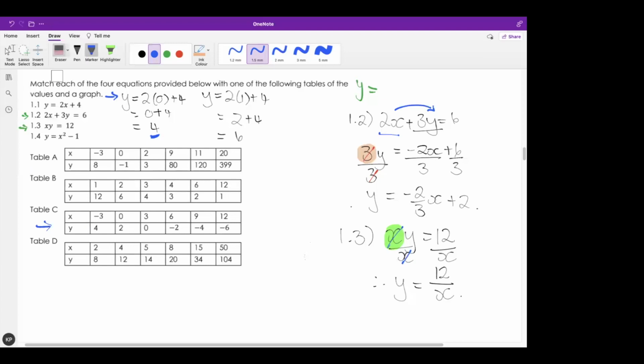No, it's not table C. And before we assume it's table D, you have to do your substitution, because sometimes teachers will trick you into thinking it's the last one when it isn't. So let's see if it matches with table D. I'm going to use the input of 2. So it's y equals 2 times 2 plus 4. What's 2 times 2? 4. And if you add another 4, what is my outcome going to be? 8. Is that the desired outcome?